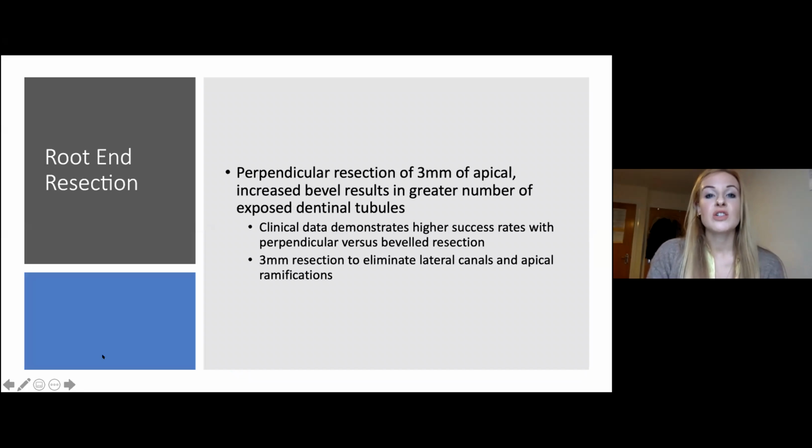The root end resection itself should be perpendicular, as I mentioned before, with 3 millimeters of the apical region excised. Increased bevels were not indicated due to the greater number of exposed dentinal tubules, and 3 millimeters needed to eliminate any lateral canals and apical ramifications.